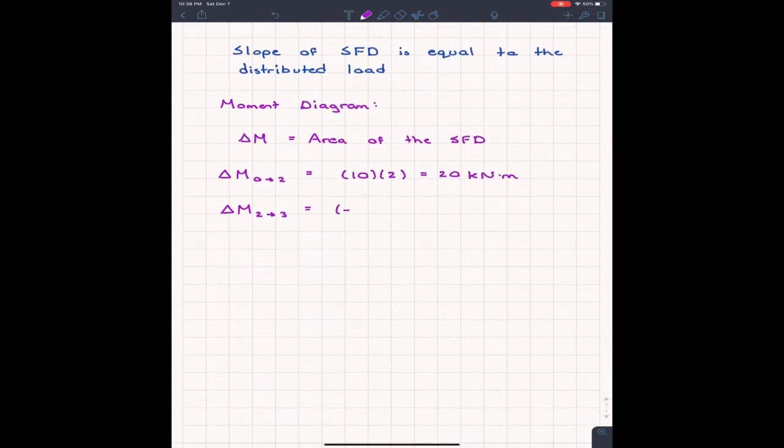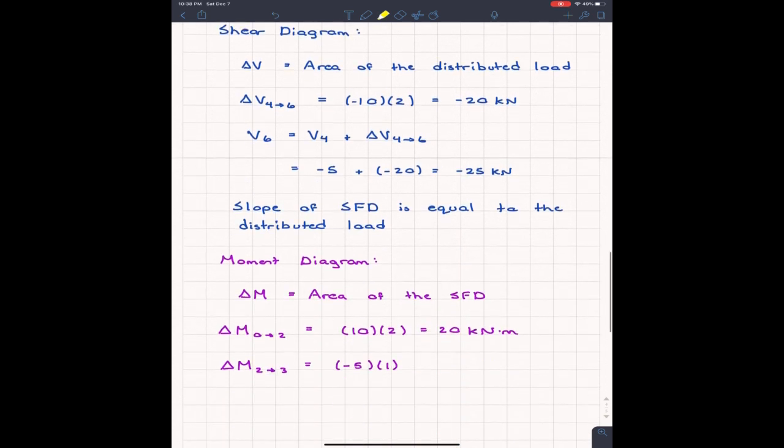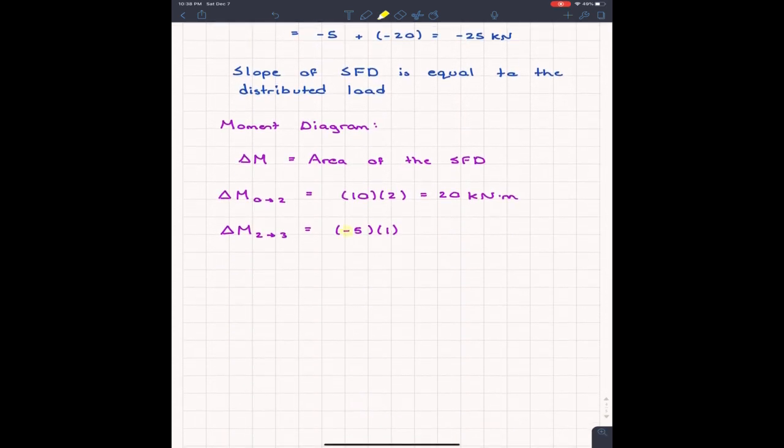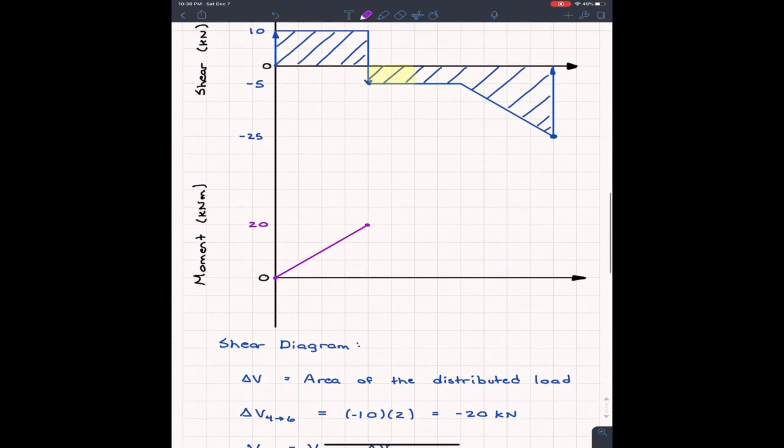And this is the most important part: our shear in these 2 places is negative, so when we're doing the calculations, we have to include that -5. So our delta M between those two is -5 kilonewton meters. So from x equals 2 to x equals 3, we're going down by 5. So this is going to be 15.